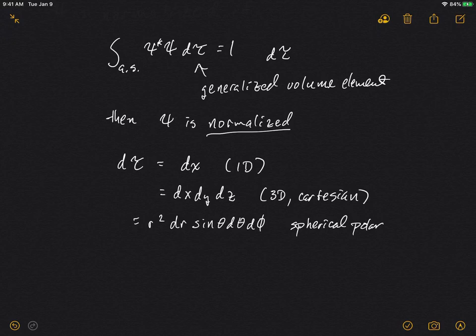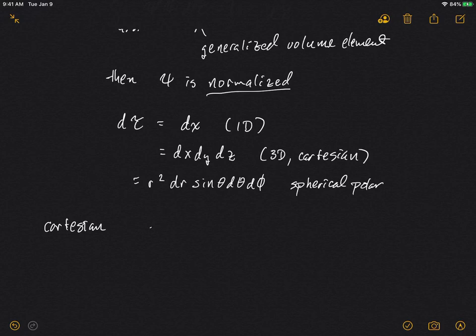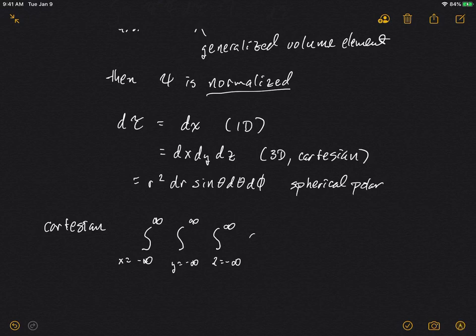So in the case of a Cartesian integral over all space, our integral is going to be a triple integral, x equals minus infinity to infinity, y equals minus infinity to infinity, z equals minus infinity to infinity of psi star psi, and these psi's would be functions of x, y, and z, and then of course we have the differential volume element.